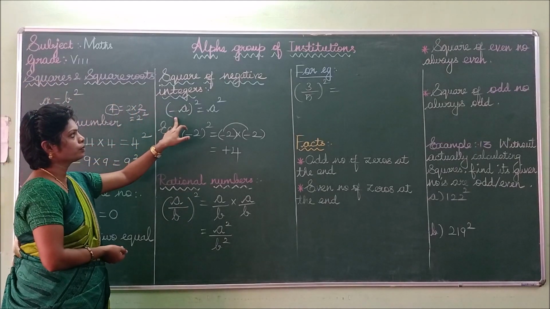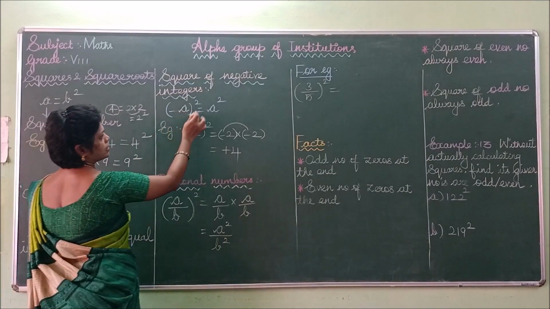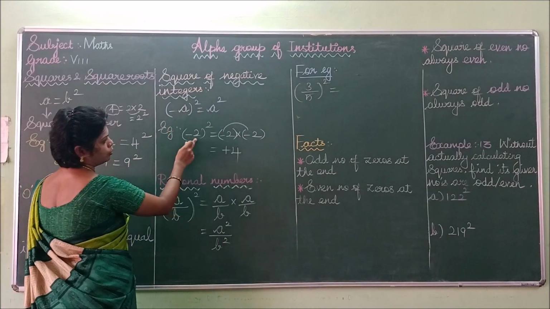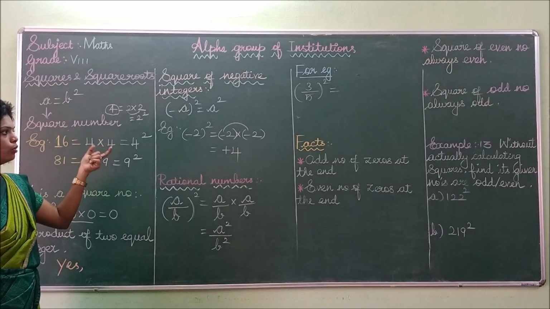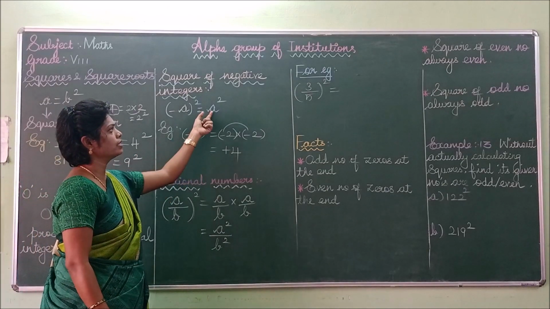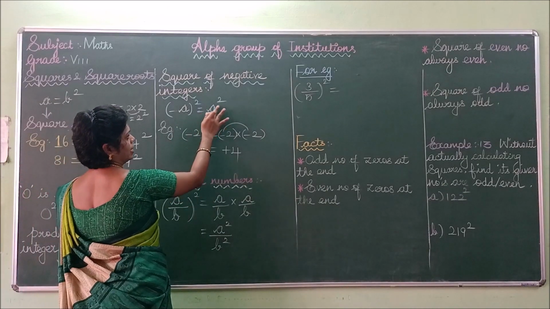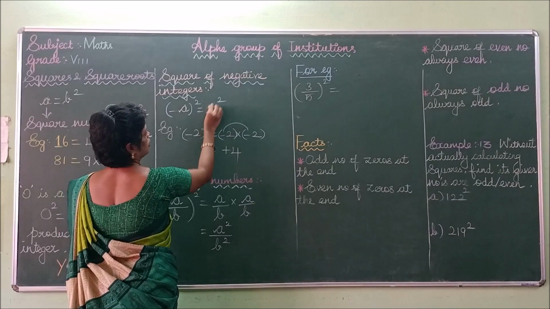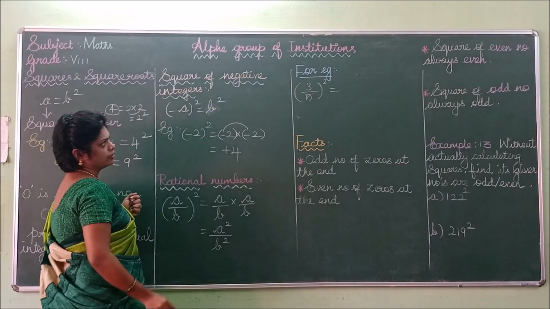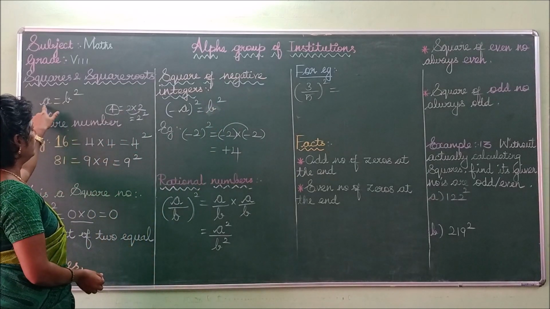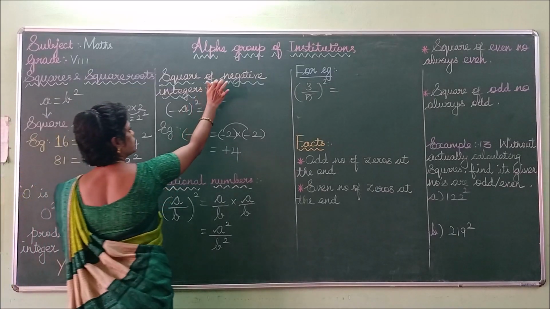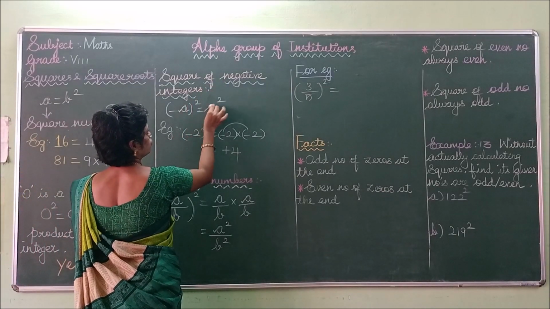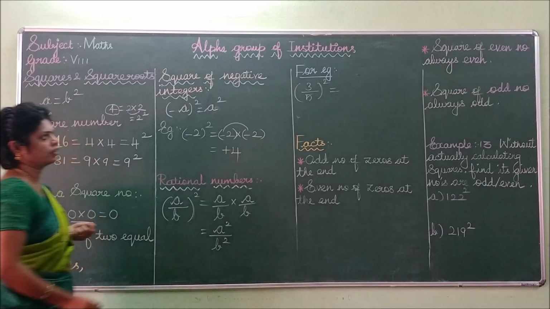For the negative, minus 2 the whole square gives the value, and you can simply write a equals b square, or simply keep it as a square. That is not a problem.